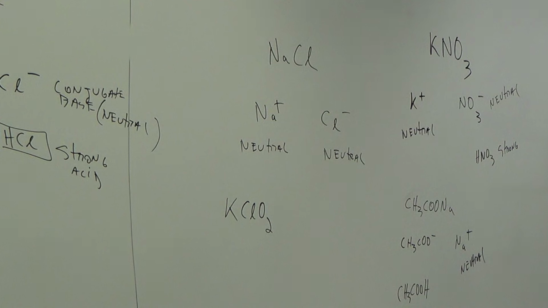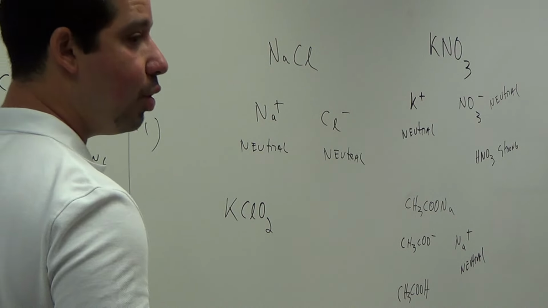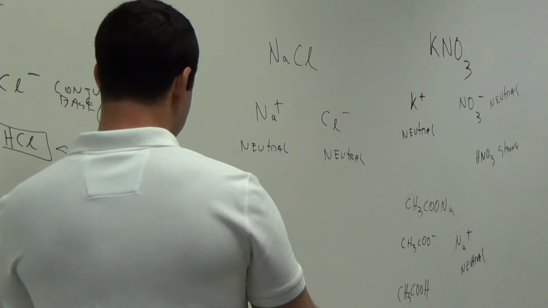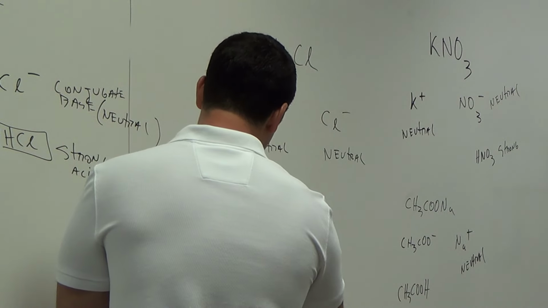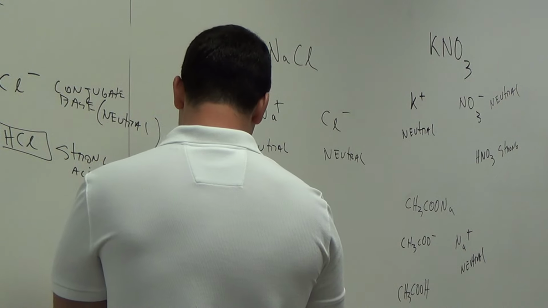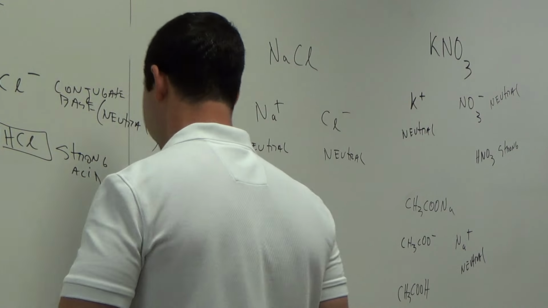Comes with strong acid. Acidic, basic, or neutral? Basic. This K is K plus, and it is neutral. Why is it neutral? Group 1.